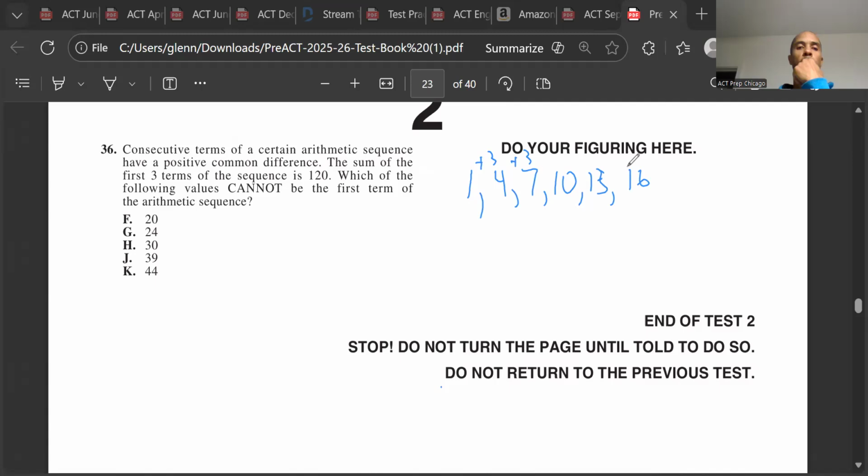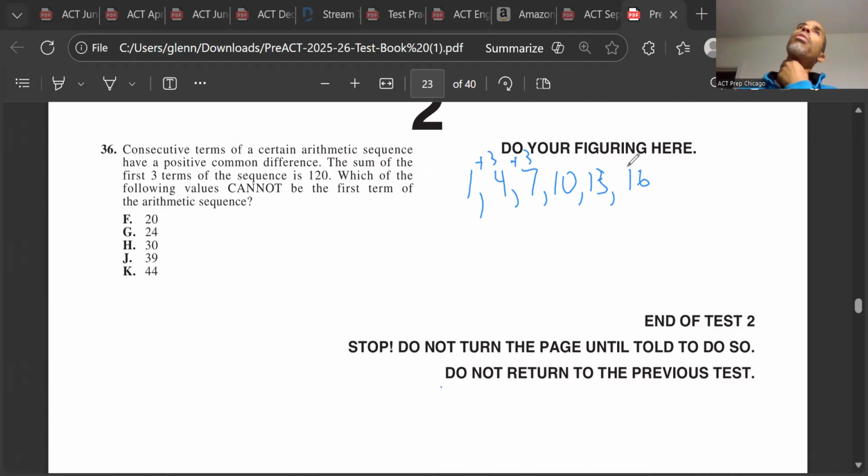So the sum of the first 3 terms of the sequence is 120. So if we add the first 3, it's going to be 120. And it asks which of the following values cannot be the first term.